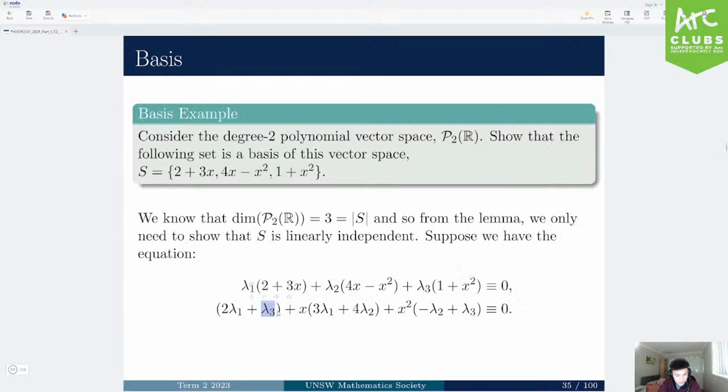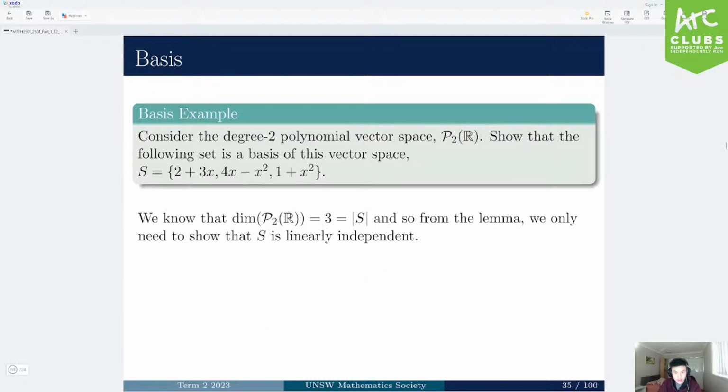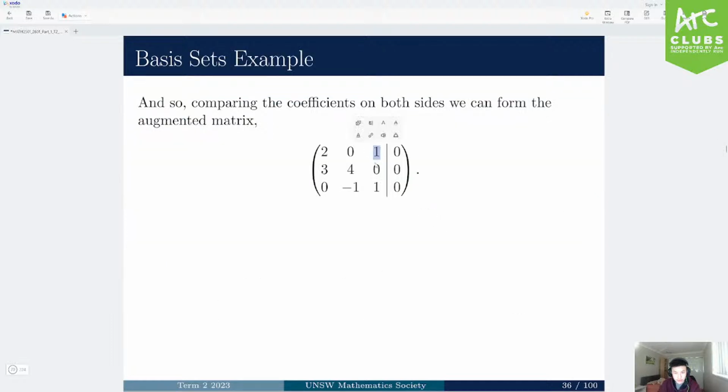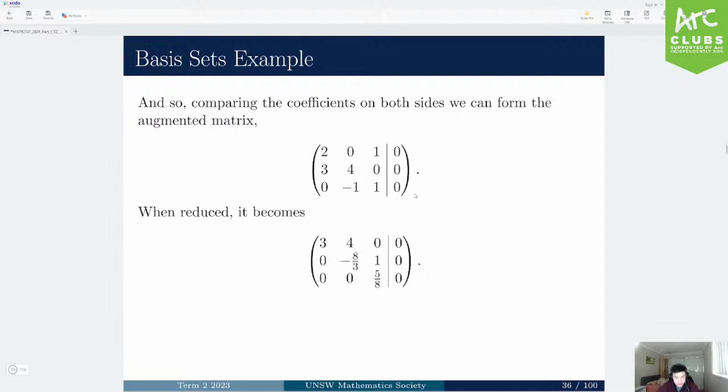And we have 1 lambda 3, 0 lambda 3, and 1 lambda 3, which gives 1, 0, 1. We can solve this using our augmented matrix and row reduction. When you reduce the matrix, we get this form over here.